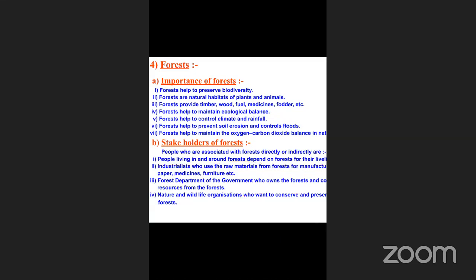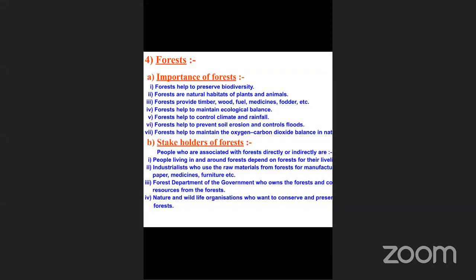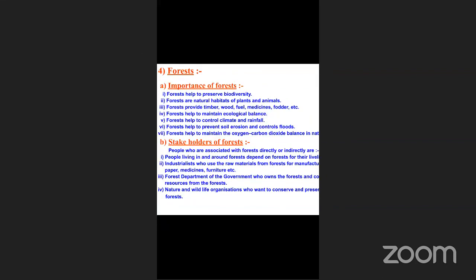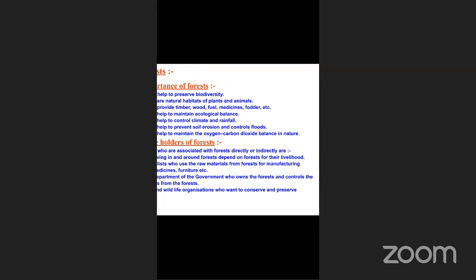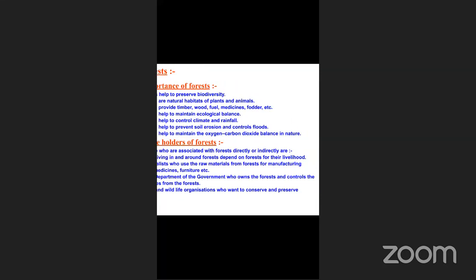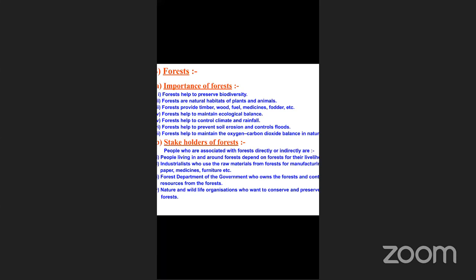Then industrialists who use the raw materials from forest for manufacture of paper, medicines, furniture, etc. And the forest department of the government who owns the forest and controls the resources from the forest. Clear? Then nature and wildlife organizations who want to conserve and preserve the forest. So these are the stakeholders, a very important point.